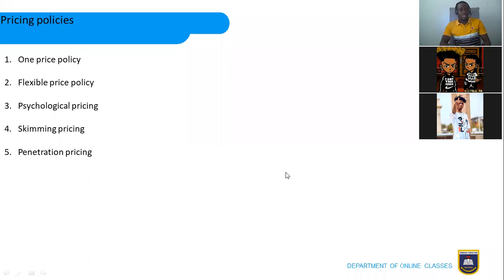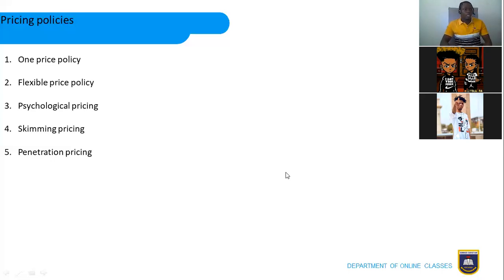So, now if the thing is two Ghana cedis, it means irrespective of people from different economic backgrounds or whatsoever, you are going to sell the product at that same price to each of them. So it is like a fixed price for everybody. So if Kojo Menu is paying two Ghana cedis, Ama Yamansa, who is also a billionaire, will also pay two Ghana cedis. That is how the one price policy works.